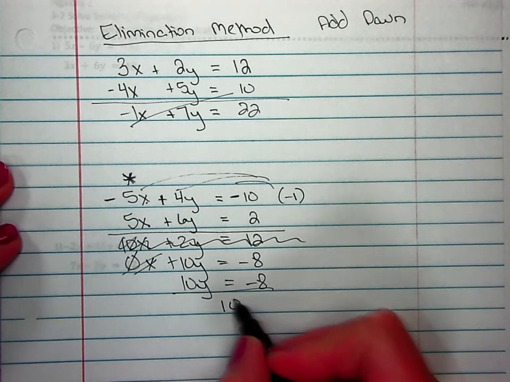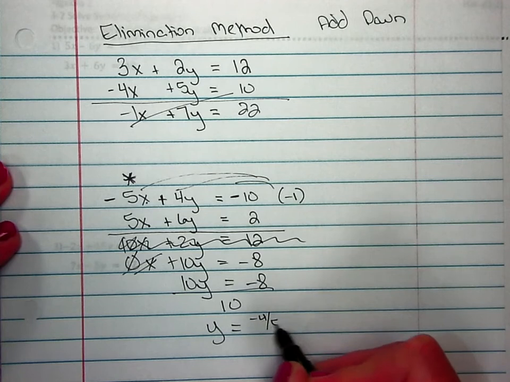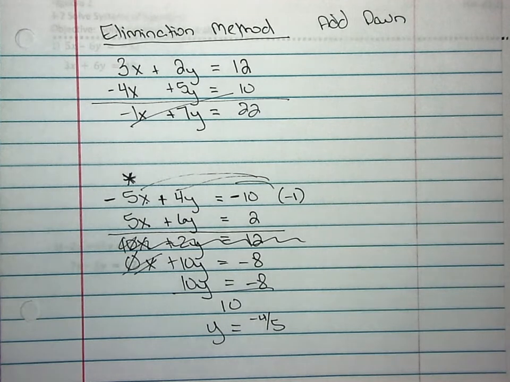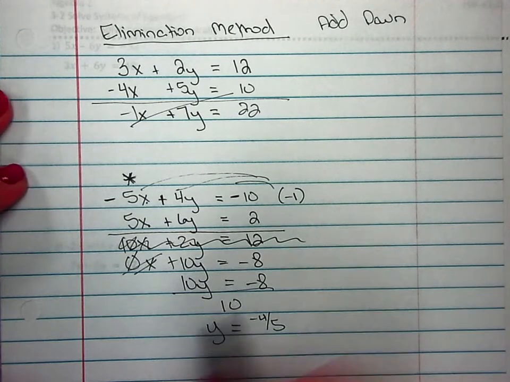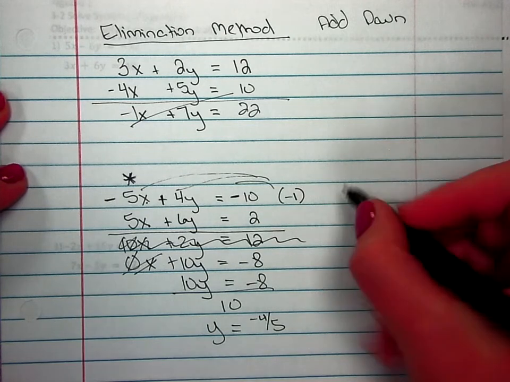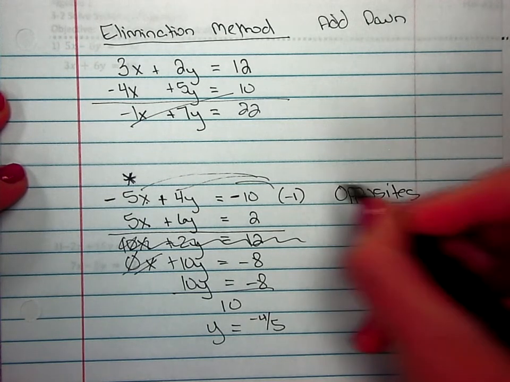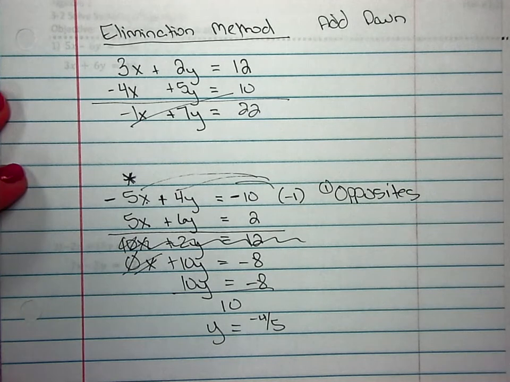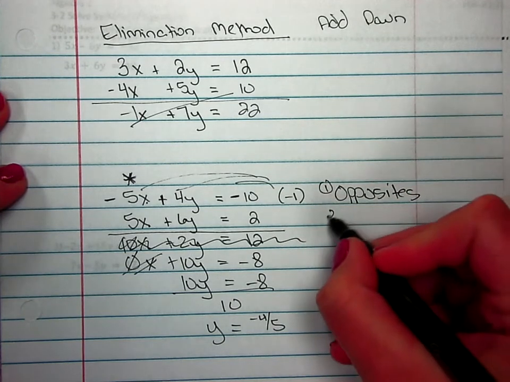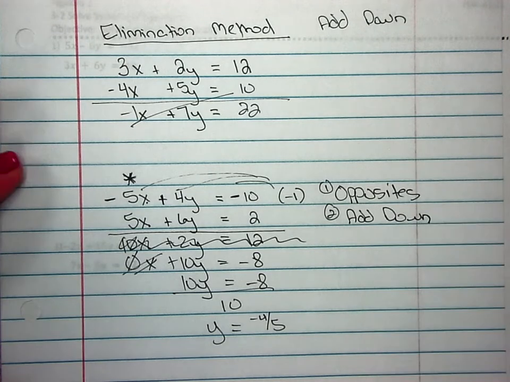Then we can just divide and solve, and that would be negative 4/5. Notice I had a negative 5 and a positive 5. These are called opposites. So the first name of the game is you want to find opposites, and the second one is you always add down.